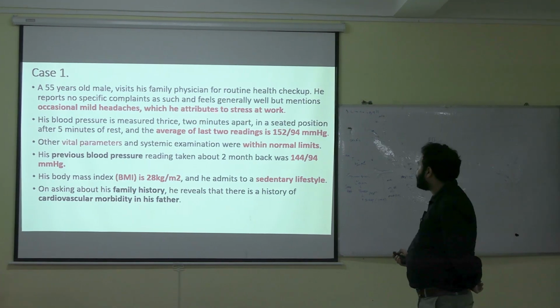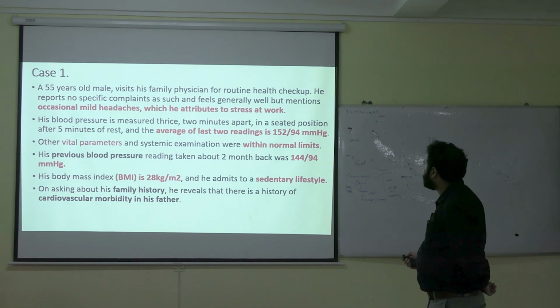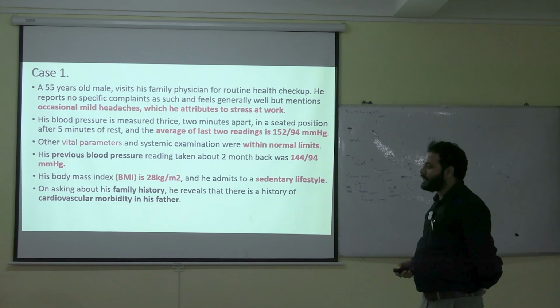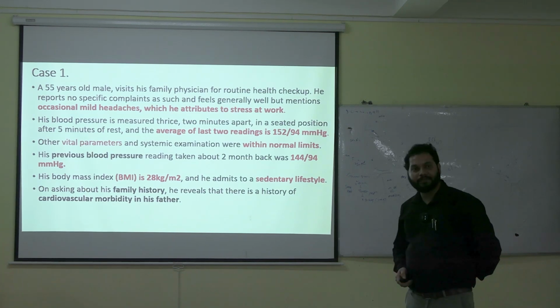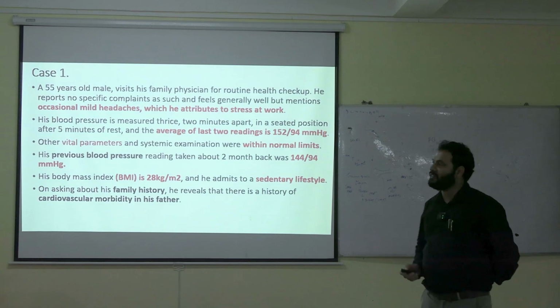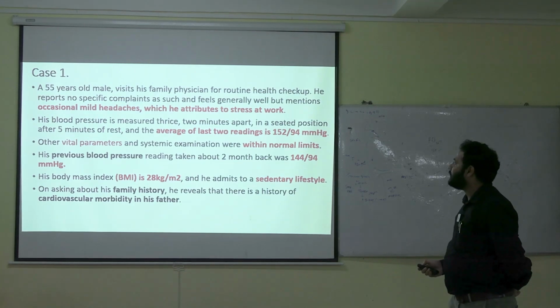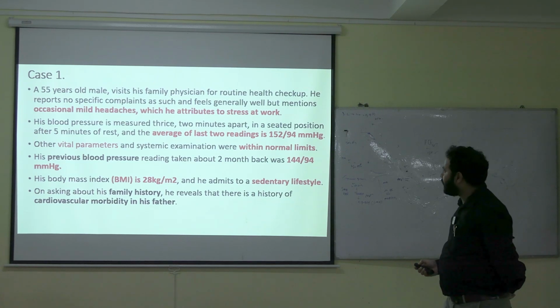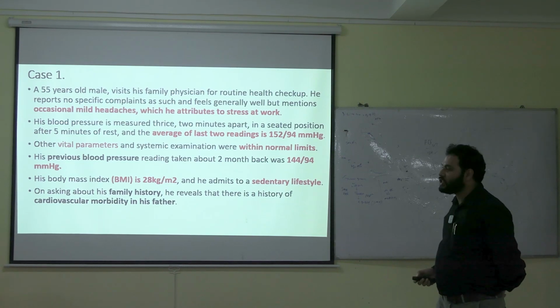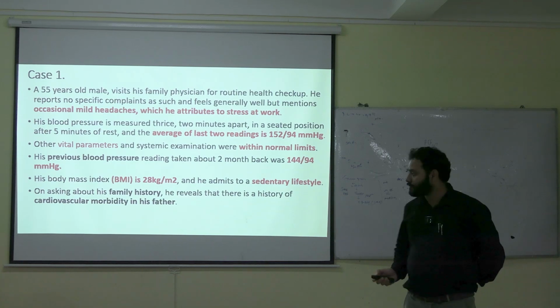Here, what information is given? Occasional mild headaches, which he attributes to stress at the workplace. So the subject is having occasional mild headaches. These mild headaches may be due to the stress at the workplace, right?